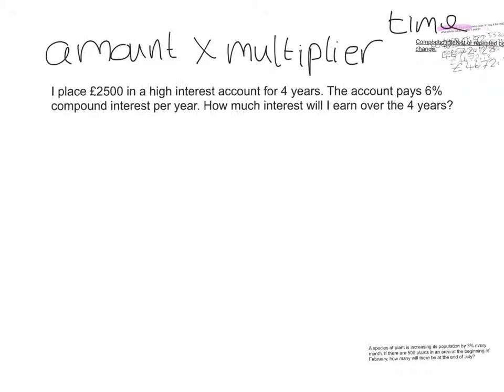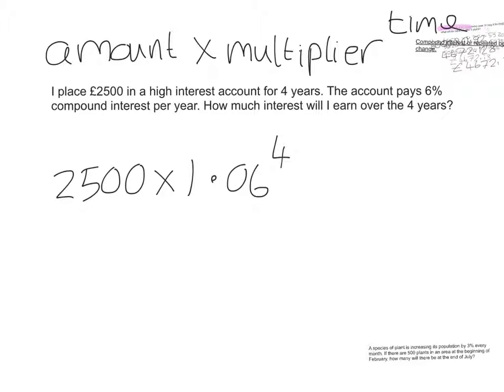So this is kind of your most standard and probably your easiest one. I place £2,500 in a high interest bank account. It pays 6% compound interest a year. Now, interest is you gaining money. That means the bank is paying you, so it's an increase. So 6% increase is 1.06 as a multiplier. Do that to the period of time, which is 4.